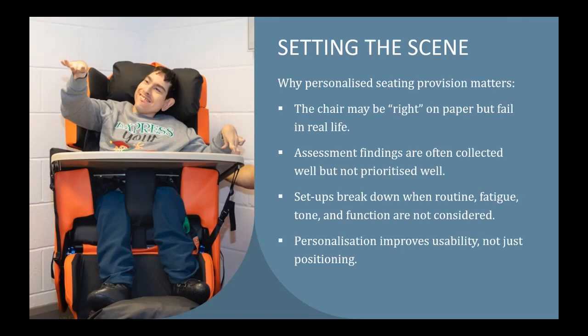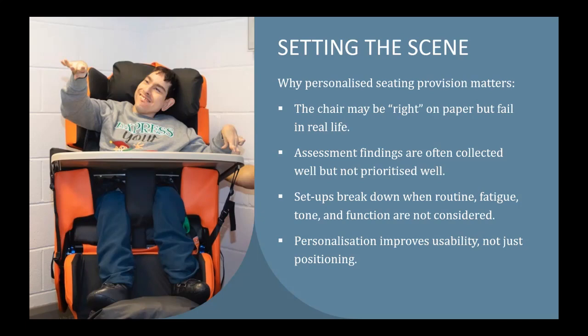Seating rarely fails because the chair is completely inappropriate. More often it fails because the provision doesn't sufficiently match the person's real presentation and their daily context. In other words, the chair may be right on paper, but still fail in real life.